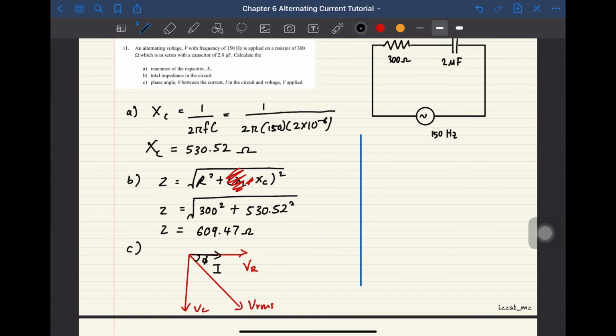So the phase angle is the phi here, the angle between the current and VRMS, because this one is V applied. V applied is VRMS. To solve that one, I can use a formula: I can use tangent, sine, or cos.